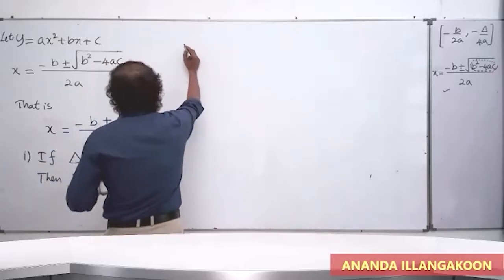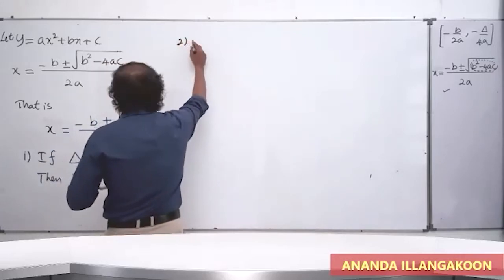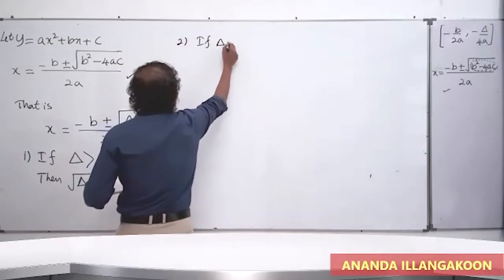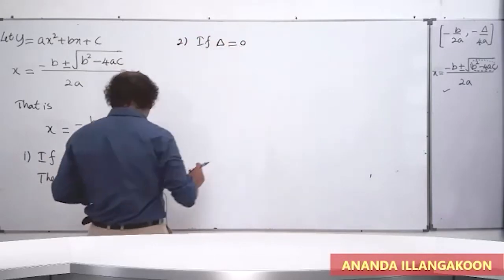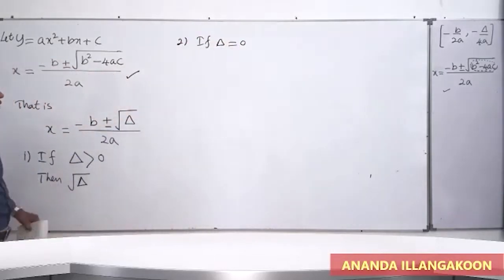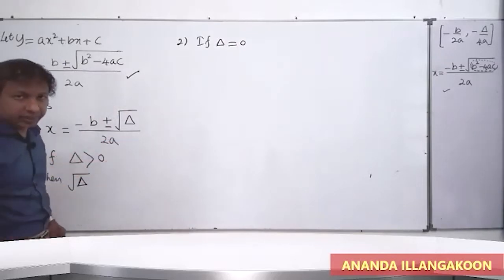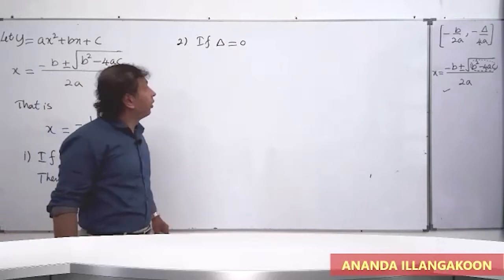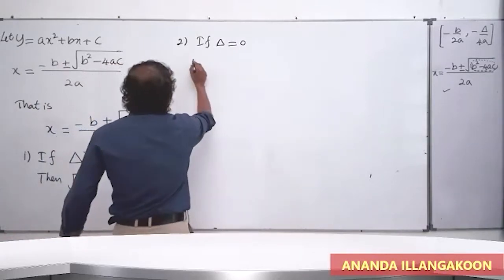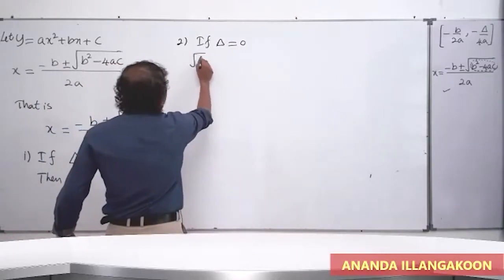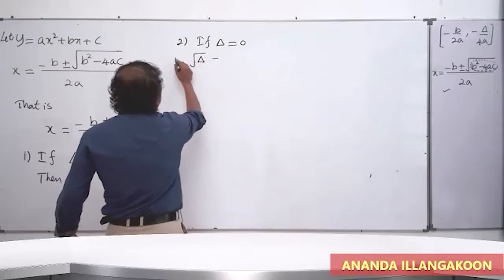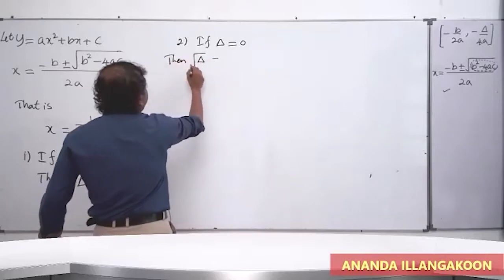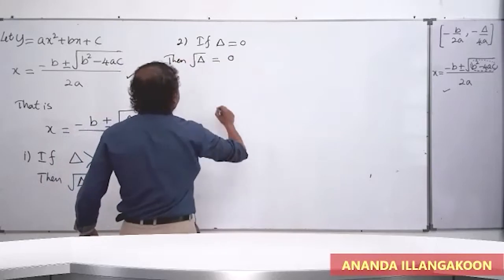Second one, people, put number two. If delta equals 0, right? Write the next line. If delta equals 0, then root delta equals 0.